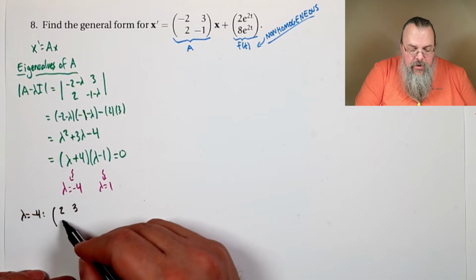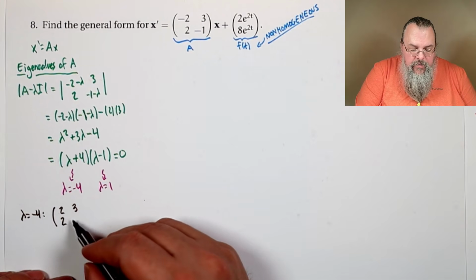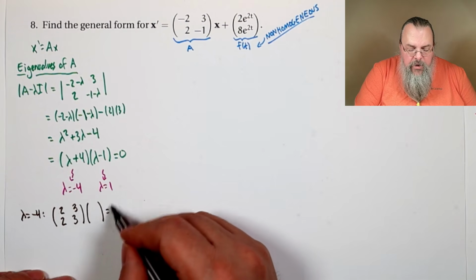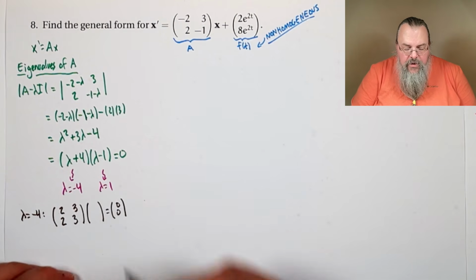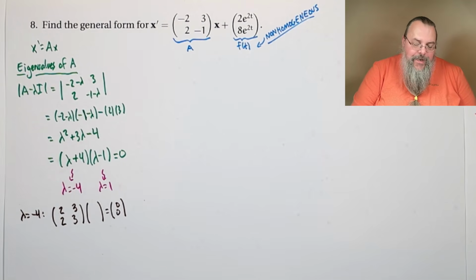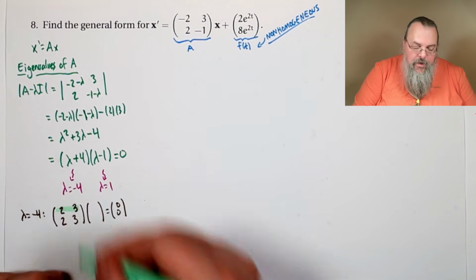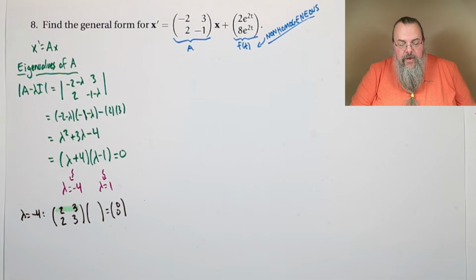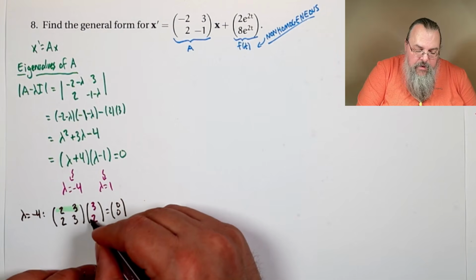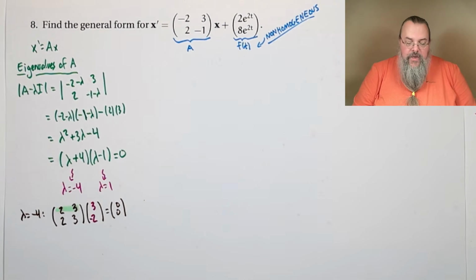Then we have 3, 2. Minus 1 plus 4 makes 3. We're multiplying it by something. We want to get 0, 0. Okay, well, not a lot of choices. Pick a row, 2, 3. Seems like a really good row. And then we'll write things in reverse order. 3, 2. And then we'll flip a sign. So 3, minus 2. All right.